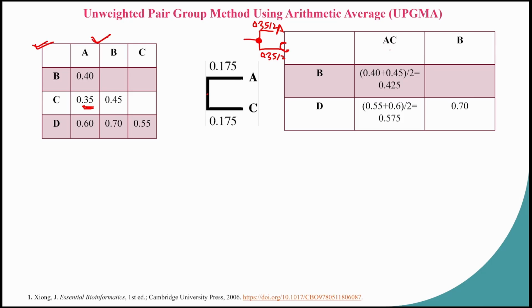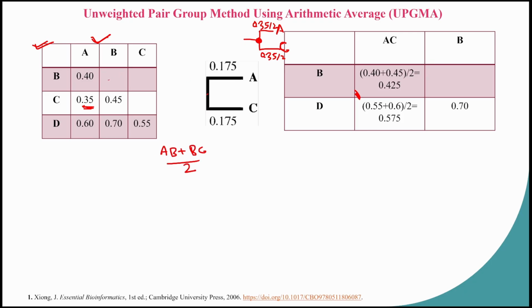And to calculate the collective distance from the composite taxon, that will be the individual distances summed up divided by 2, because in this case you are taking AC, two individual components together, right? So for the very first one, it should be like AB plus BC divided by 2.